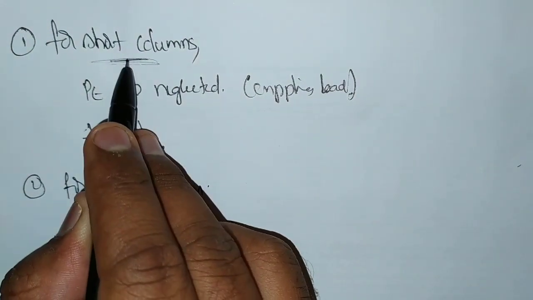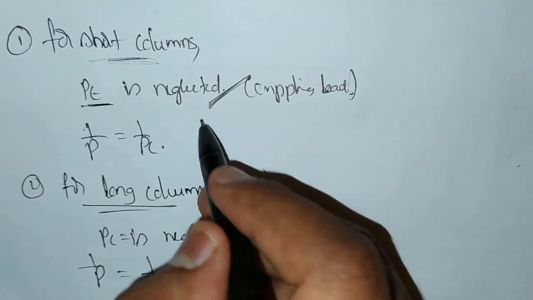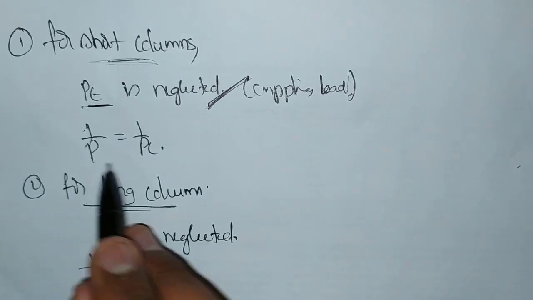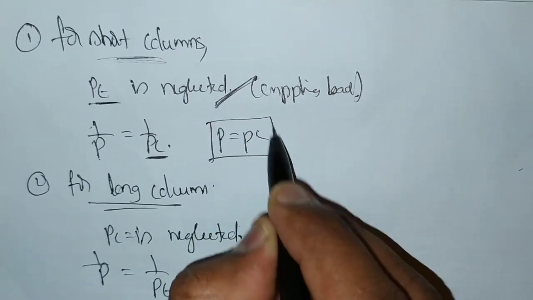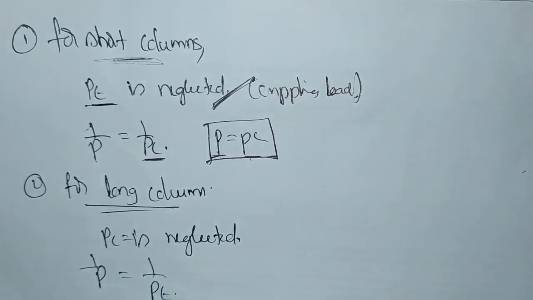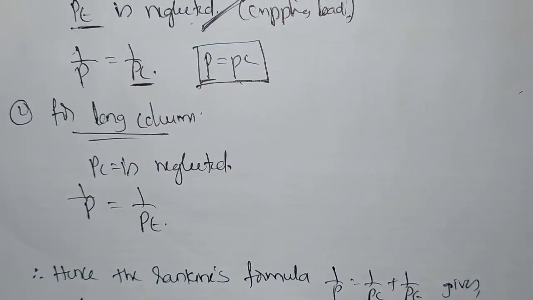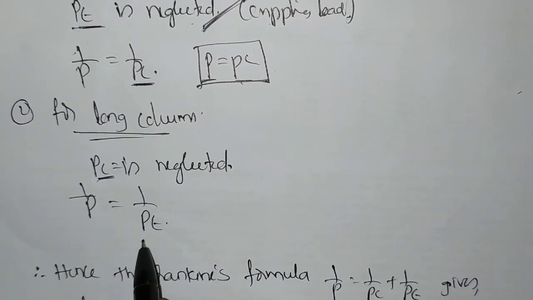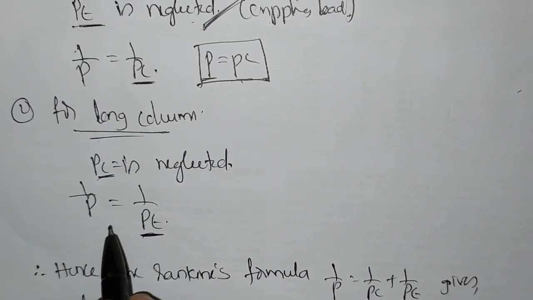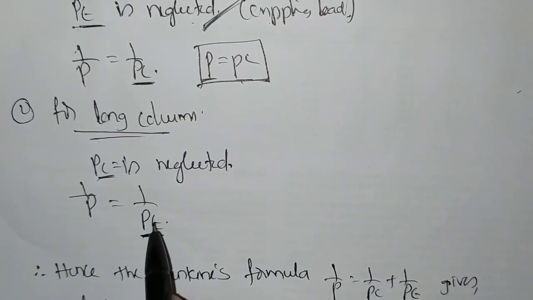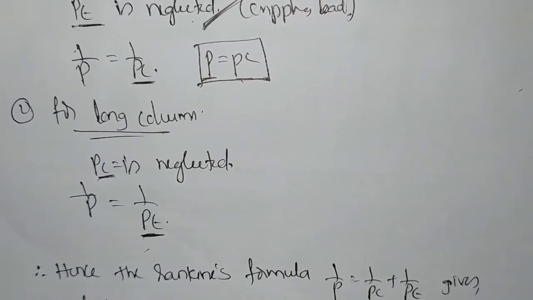For short columns, the crippling load is neglected, so the formula becomes 1/P = 1/Pc, that is P equals Pc. Similarly for long columns, the crushing load is neglected and only the crippling load acts, so the formula becomes 1/P = 1/Pe. This is how Rankine's formula applies to short and long columns.